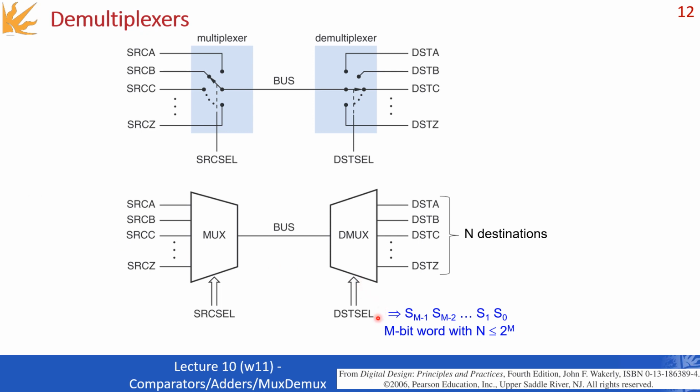One final thing to say here, since everything uses the reverse logic with demultiplexers, the number of bits that you need for the destination selection is m, and n has to be less than or equal to 2 to the power of m again. Only this time n is not the input, but it's the output, it's the destinations.